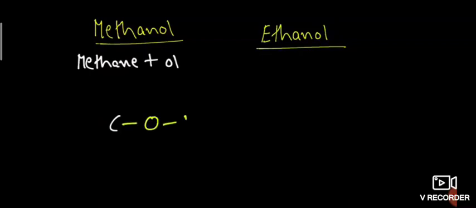Don't think that OH is not attached: O is separated by a bond from the hydrogen atom. When we write it as OH, what is present between oxygen and hydrogen? A bond is present.